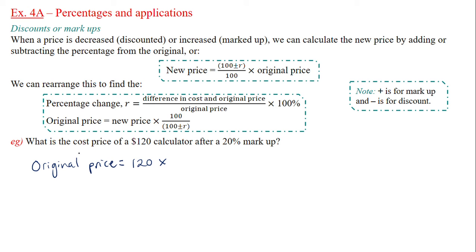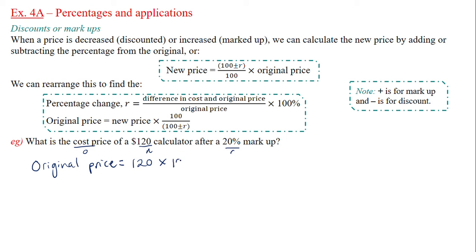So we need to read the question carefully to figure out which one of these two equations we're going to use, or three if we're looking for the percentage change. Okay. The $120 is the new price. So I'm just going to underline that really quickly and write N underneath it for new, C for cost price or original, okay, and this here is our markup, so our rate.